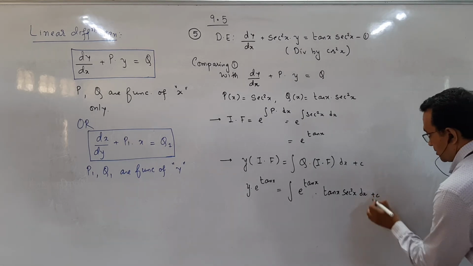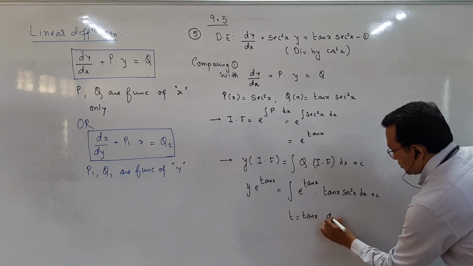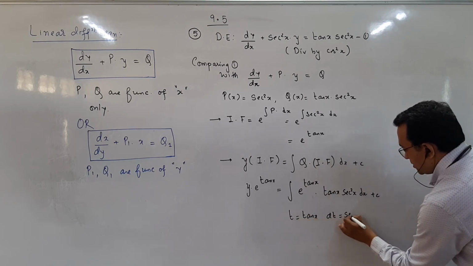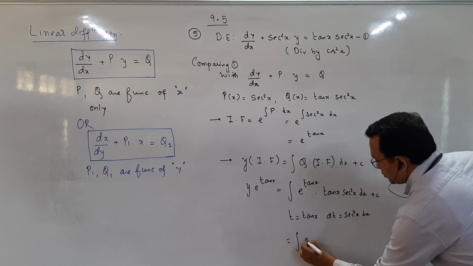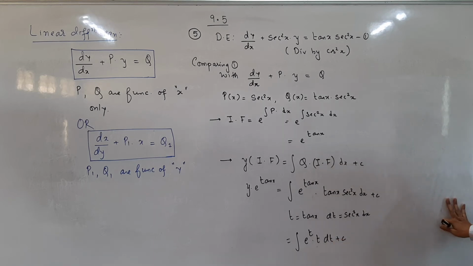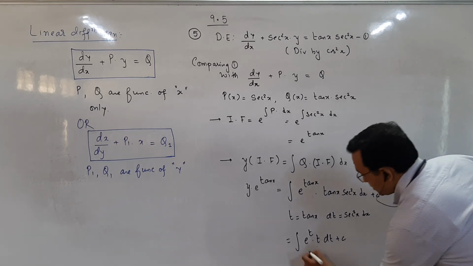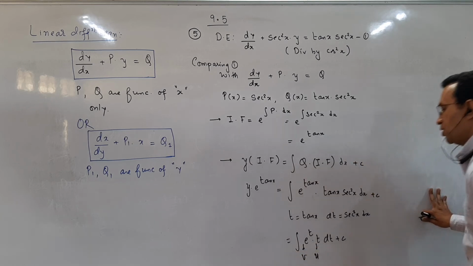I am supposing t is equal to tan x, so dt will be sec square x dx, so this will change to integration of e raised to t into t dt plus c. Now integration by parts: I let e stand last, so this will be v and this will be u.